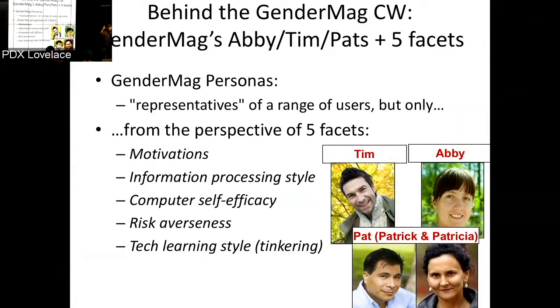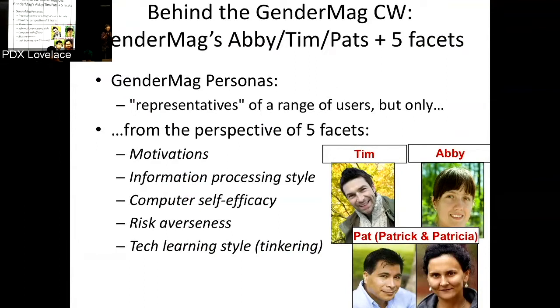And they are very far away from these. These are the facets that Tim has. These are very common in men, and we've chosen common facets of each that are as far away from each other as possible to get a range, to cover the whole range. And then the Pats pick up some points in the middle. The Pats, by the way, are identical twins. Well, they don't look identical, but oh well.